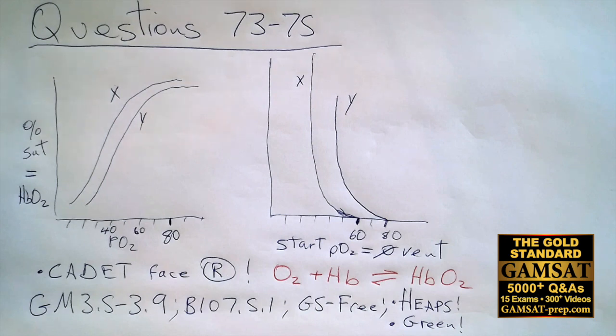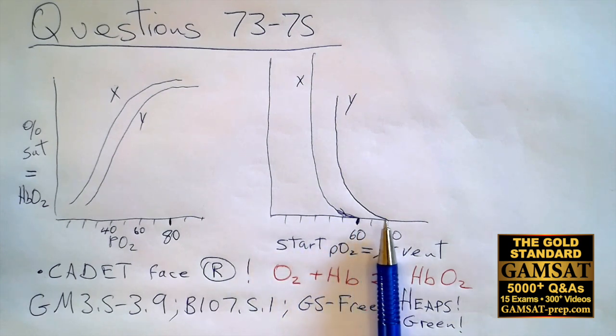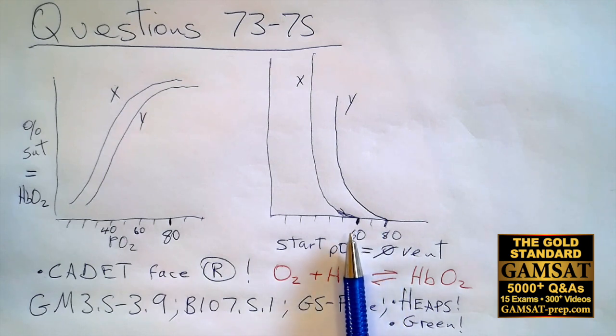Next, question 75. Which of the following is closest to the difference between hemoglobin saturation of the two birds, X and Y, when increased ventilation starts to occur? So when's the start of the start PO2? When's the very beginning? Well, increased ventilation for Y starts at 80. Increased ventilation for X starts at 60.